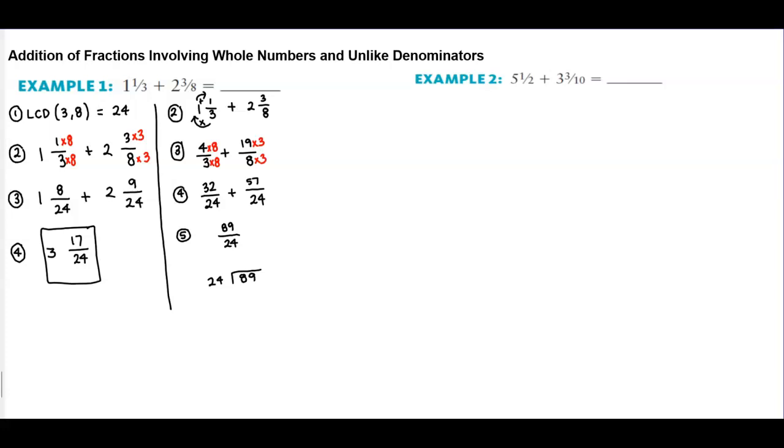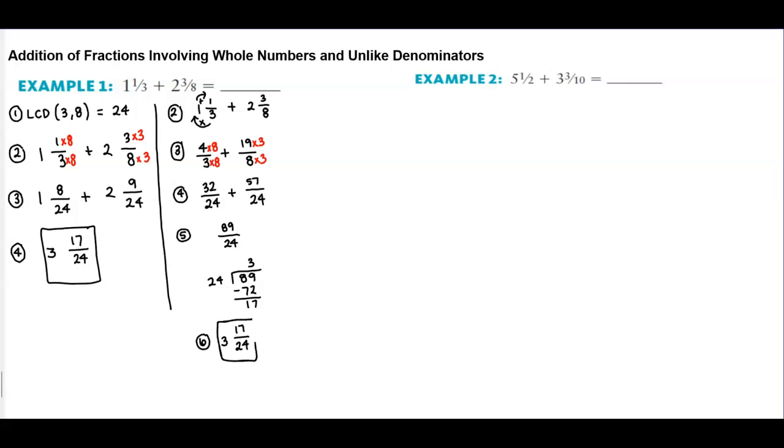And so 24 goes into 89 3 times. And 24 times 3 is going to give us 72. And so when we subtract, we get a remainder of 17. And so therefore, the quotient is 3, the remainder is 17 over 24.